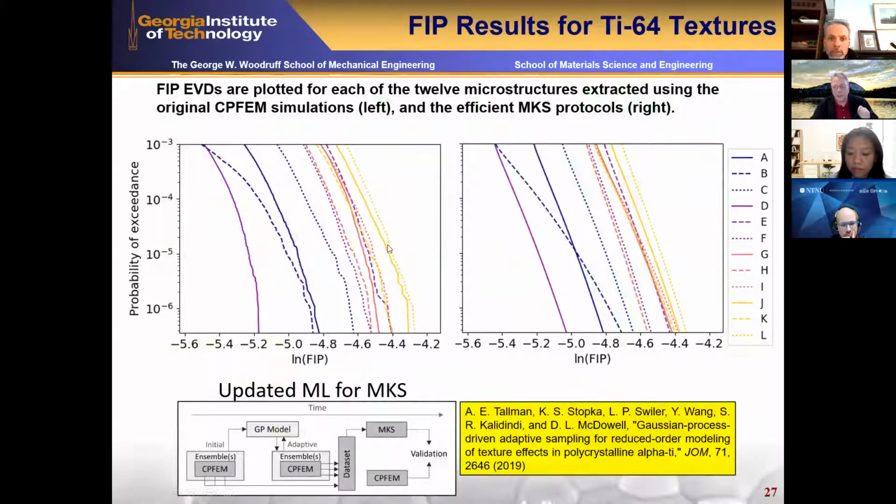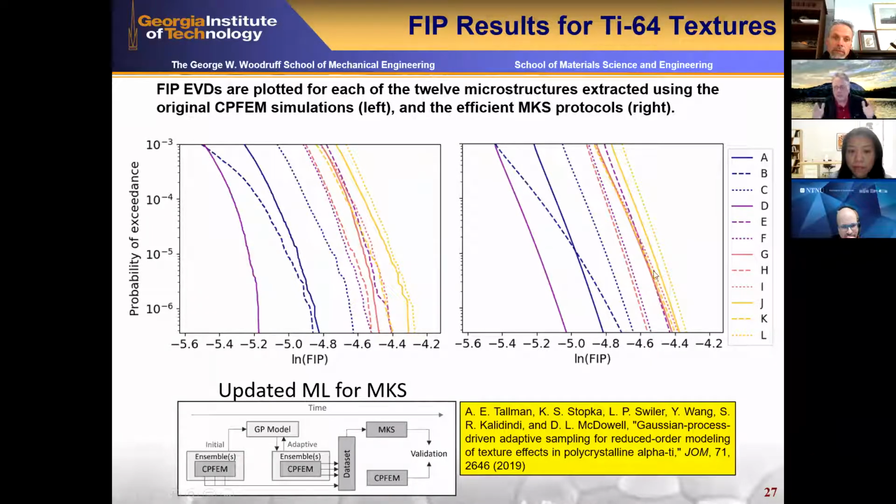And interestingly, when we do that, this is for alpha titanium. Shown at left is the extreme value distribution functions based on the full-blown crystal plasticity finite element simulations, and shown at right are the same extreme value distributions for the 20,000 times faster Kroner methodology, right?